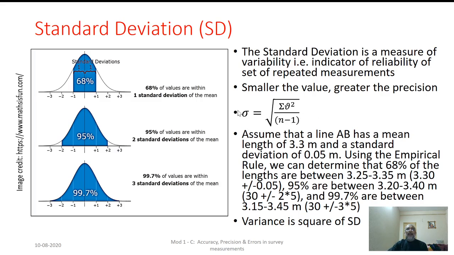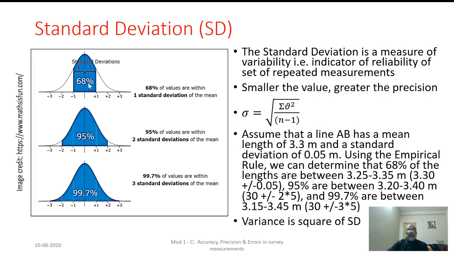Sigma is the symbol that we use for the standard deviation. So sigma gives the standard deviation as the square root of sum of nu square divided by n minus 1. Here, nu is the residual, whereas n is the number of measurements.